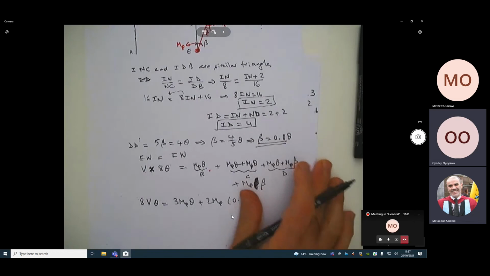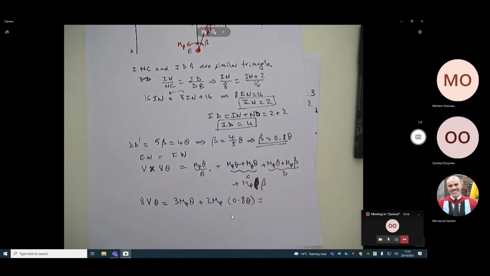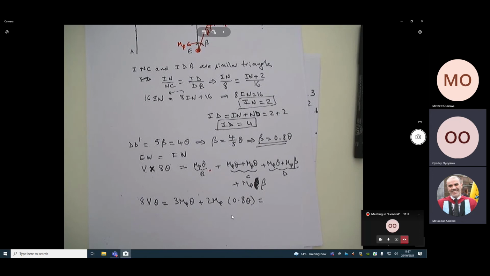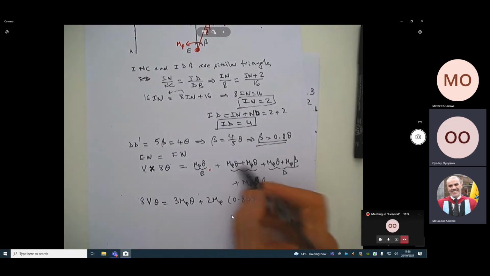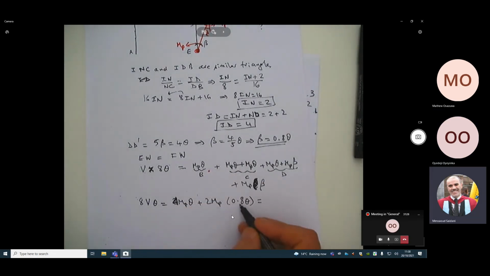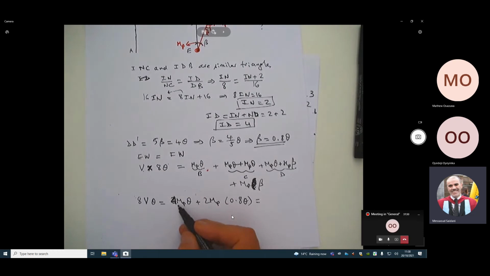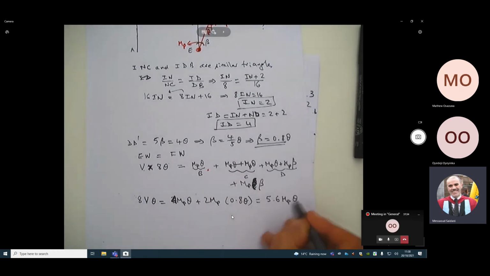It's meant to be 4 MP theta: 1 at B, 2 at C, and 1 at D. So 1, 2, 3, 4, yes. So we have 2 times 0.8, 1.6, plus 4. So we have 5.6 MP theta.